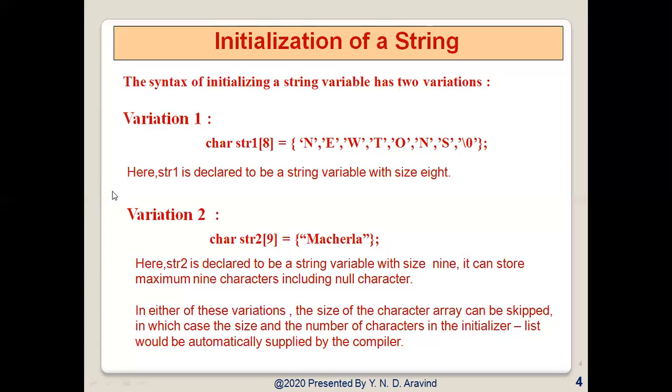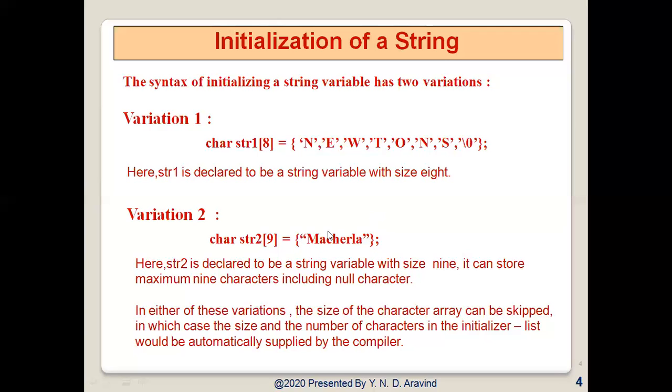Coming to variation 2, the syntax is char str2[9] = "Macharla". This Macharla is represented in double quotation and its length is 8, but the size is counted as 9 because there is one more character, \0, which is automatically included.